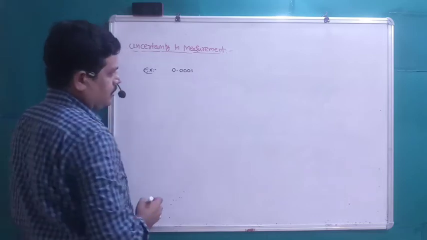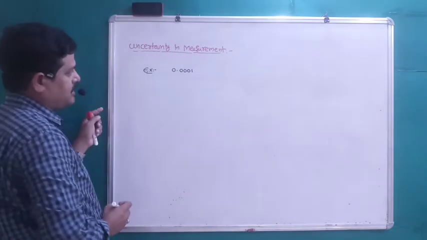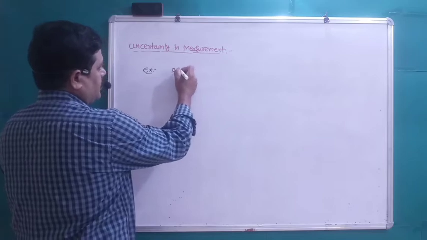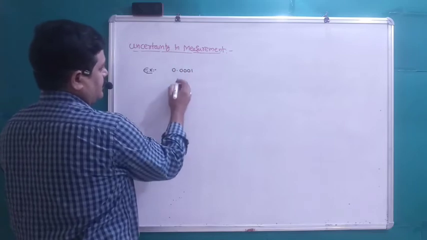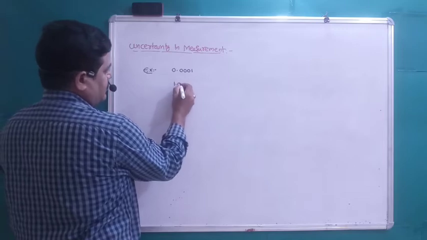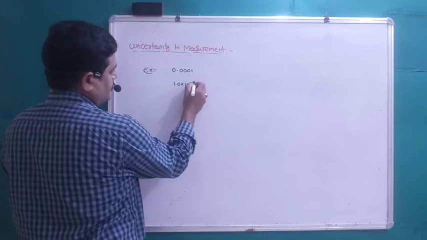For example, in a certain calculation we got the final result as 0.0001. By using scientific notation, the decimal point has to be moved to the right side, so this is 1.0 into 10 power minus 4.